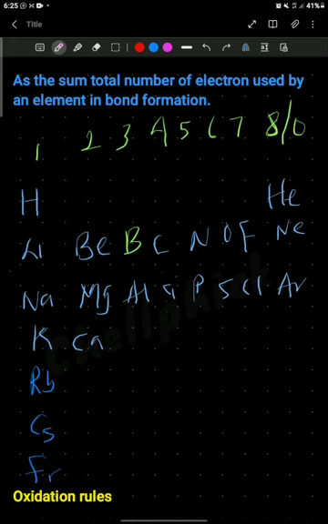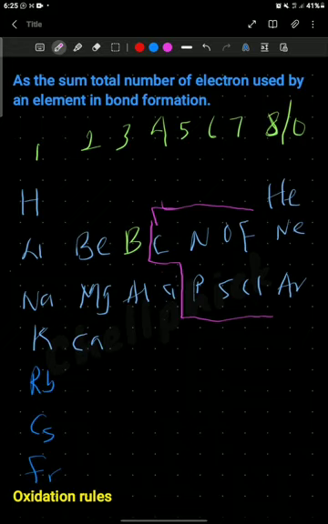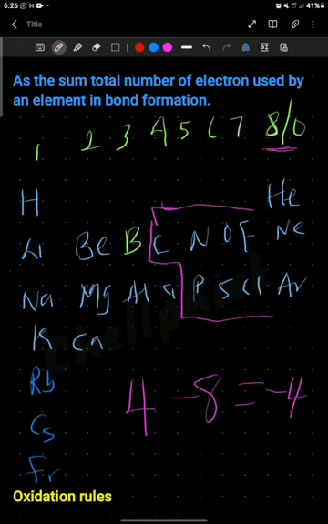Now let's look at this from carbon, phosphorus. To get their oxidation number, the simple hint is that you take their group. For example, carbon belongs to group 4. So 4 minus 8, because carbon wants to become group 8. It means that carbon is typically minus 4. But that's not real, because it's not stated in the oxidation rule. We are still going to do the oxidation rule.